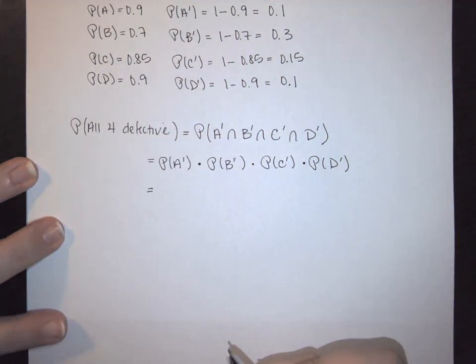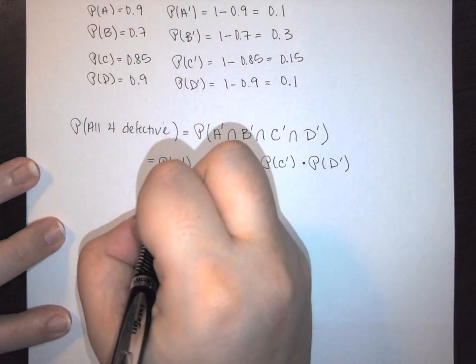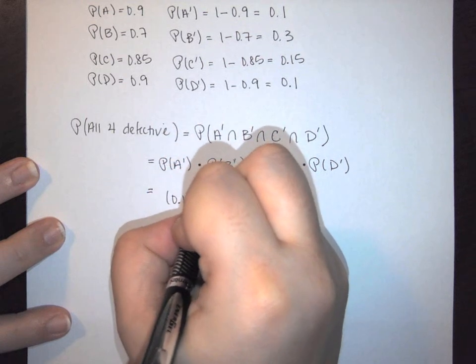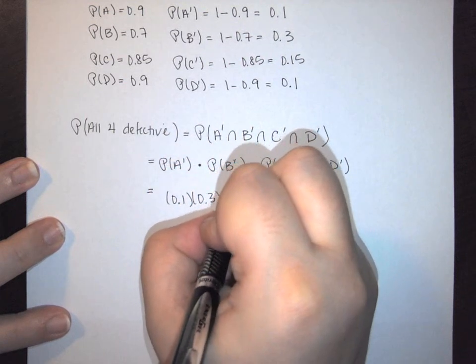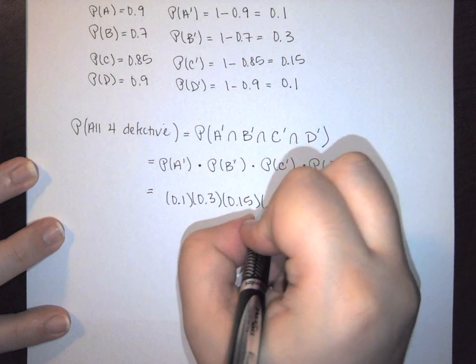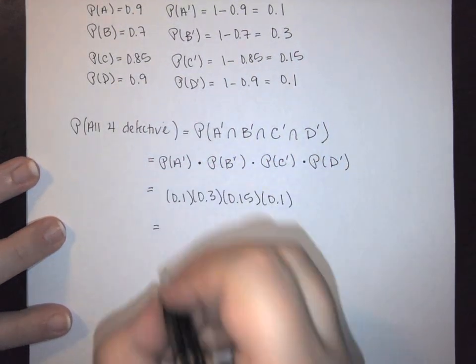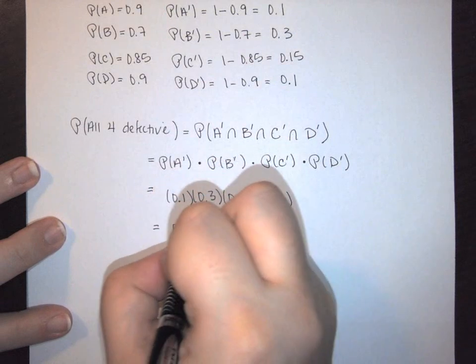Since we already figured all of those out, this is going to be 0.1 times 0.3 times 0.15 times 0.1.